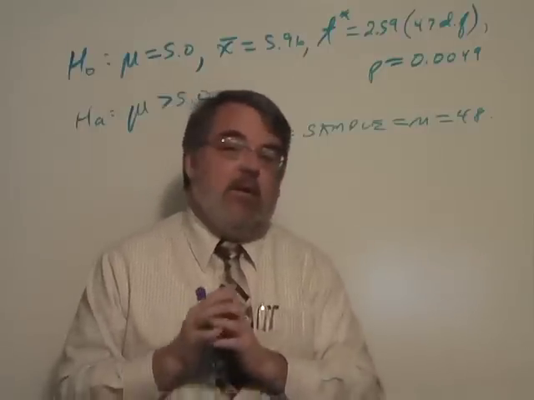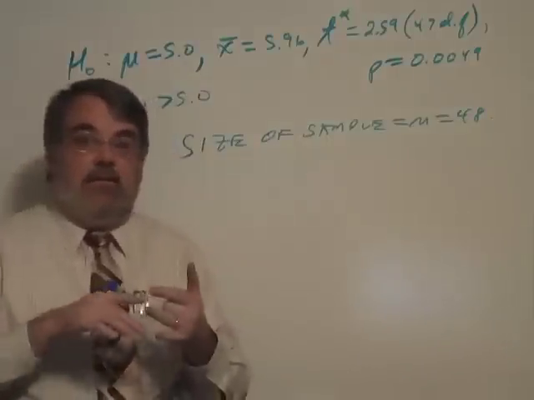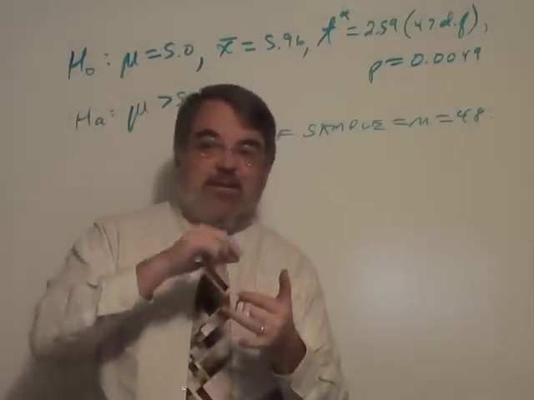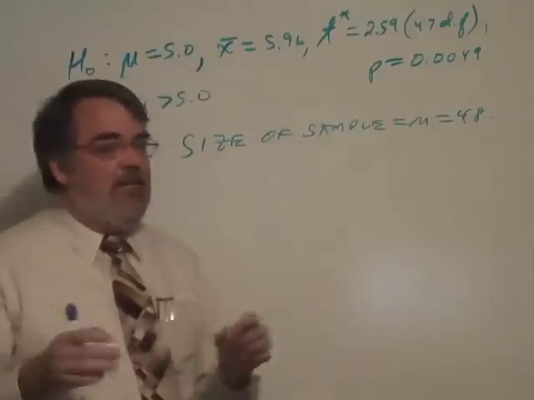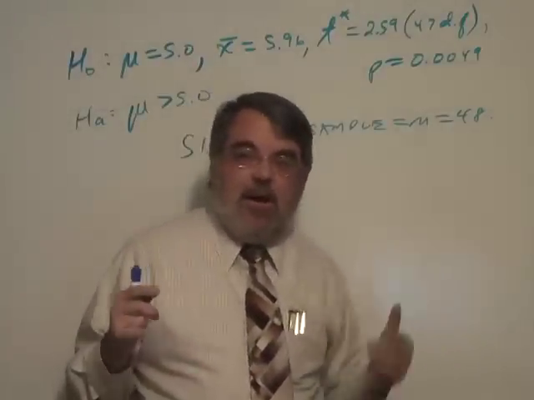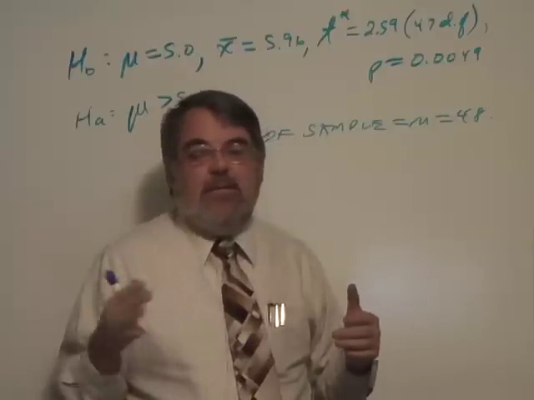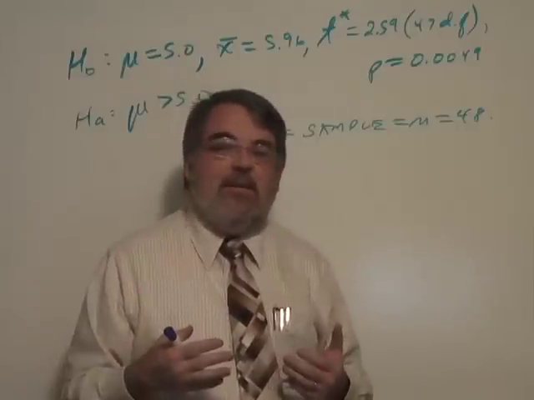And in fact, when we do the hypothesis test, we will find that's the case. There's not enough evidence to show that 5.01 is statistically significantly different than 5.0. However, this number probably is. It's pretty high compared to 5. But now I'm talking subjective here because we haven't done the calculation yet.